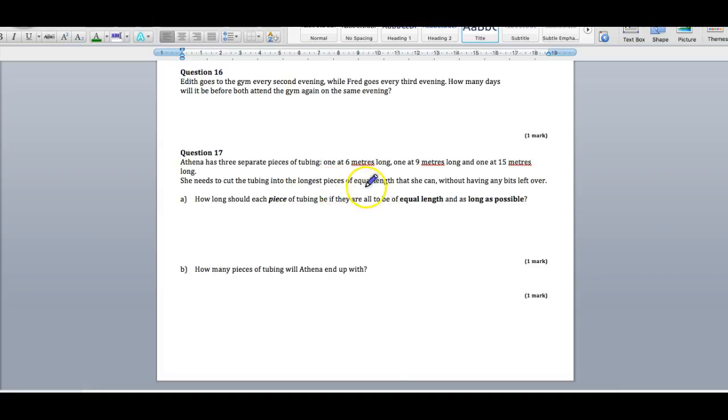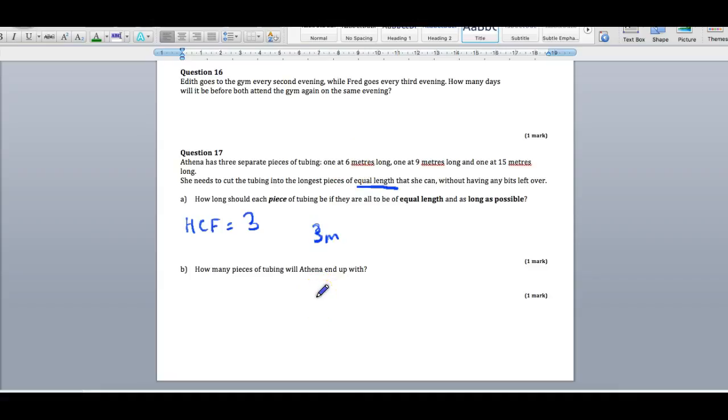They need to be of equal length, so you've got to find the highest common factor. So the factors of 6: 1, 2, 3, and 6. 9, what have we got? 1, 3, 9, and then 15 is 1, 3, 5, 15. So they all have 3. So that means they all should be 3 meters long, because they are all divisible by 3, and that's your highest common factor.